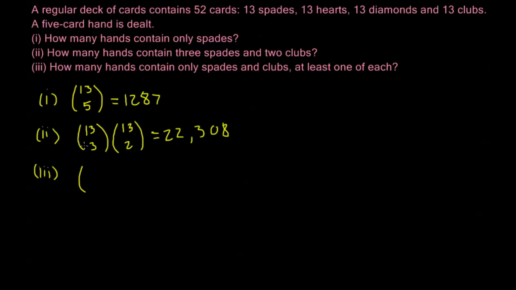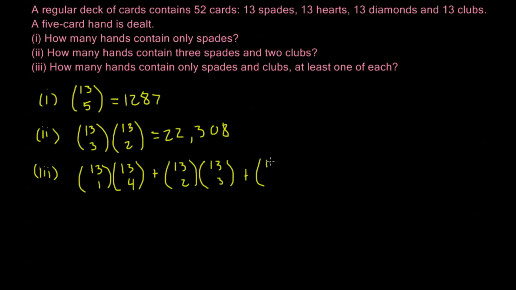Well, breaking this down into the scenarios that match part 2, there's going to be 13 choose 1 times 13 choose 4 hands that contain 1 spade and 4 clubs. There's going to be 13 choose 2 times 13 choose 3 hands that contain 2 spades and 3 clubs. 13 choose 3 times 13 choose 2 hands that contain 3 spades and 2 clubs.